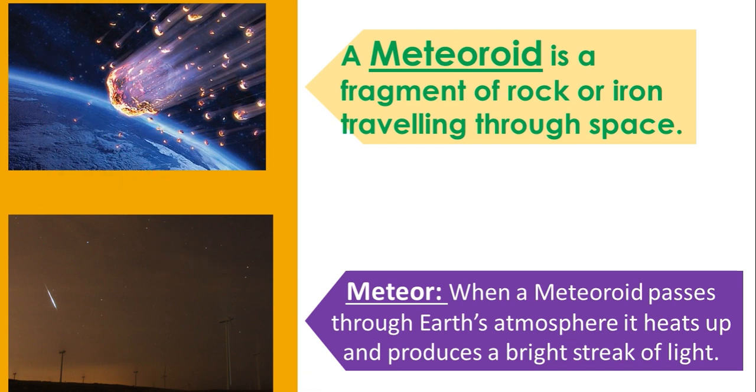Now, when a meteoroid passes through the Earth's atmosphere, it heats up and produces a bright streak of light. This is called a meteor. So when a meteoroid passes through the Earth's atmosphere, it produces a streak of light.